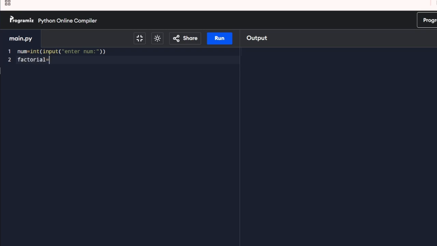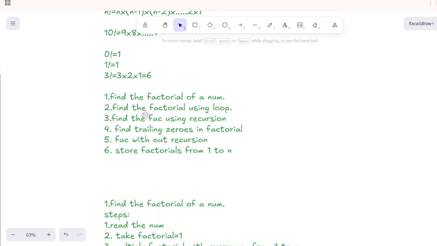Factorial is equal to 1 is initialized. So here we need to use a for loop, because you may have a doubt that we have a second question using a loop. Then why use the loop in the first question? Because finding the factorial of a number generally uses a loop. So firstly I will use the for loop, and second I'll use a while loop to satisfy the loop question. Okay.